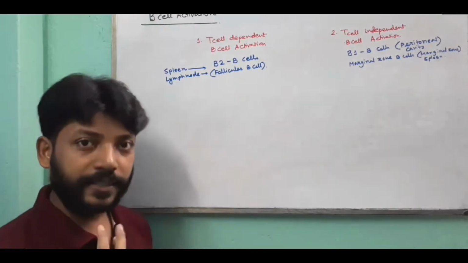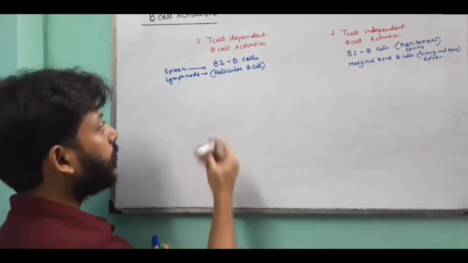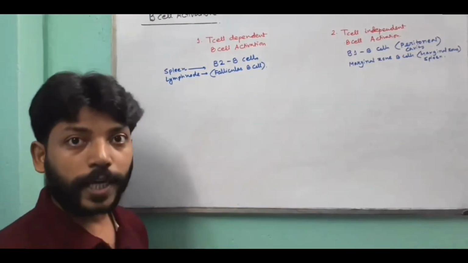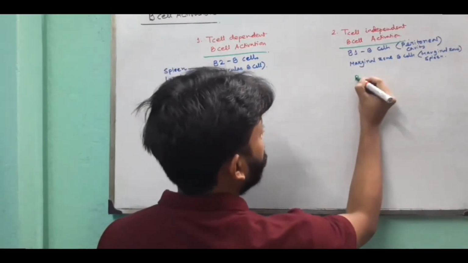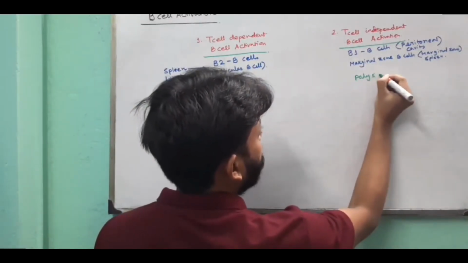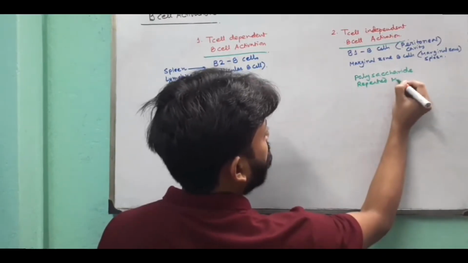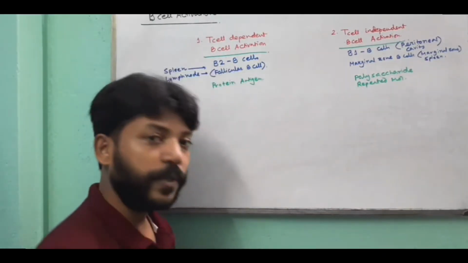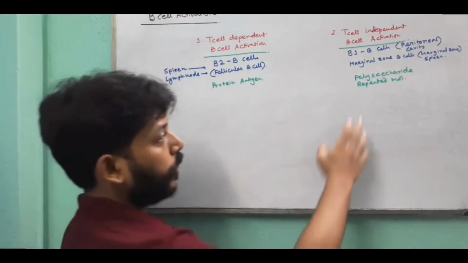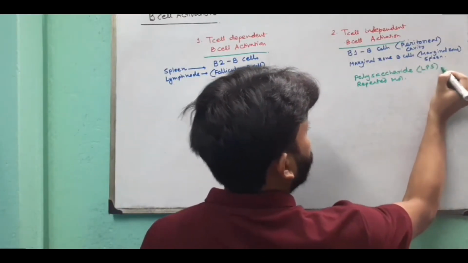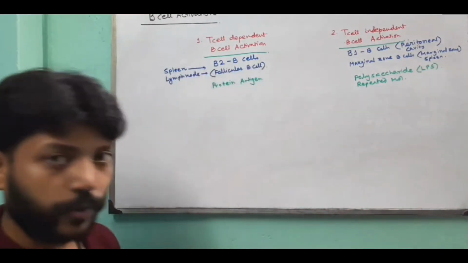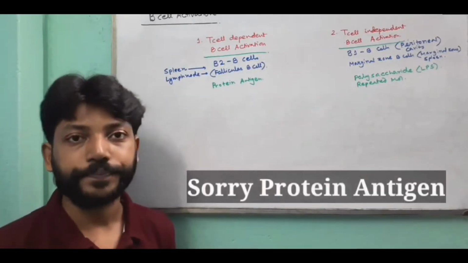B cells activated by T cells recognize only protein antigens, while these recognize polysaccharides or repeated molecules, those with repeat units, like LPS, the lipopolysaccharide of gram-negative bacteria.